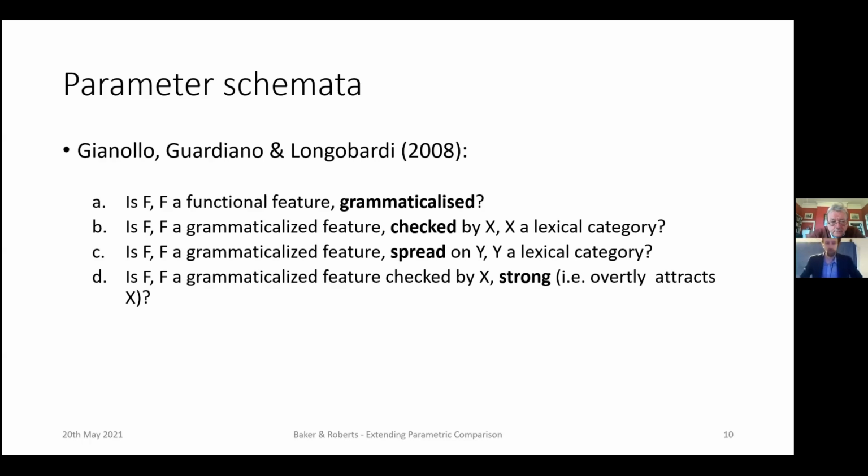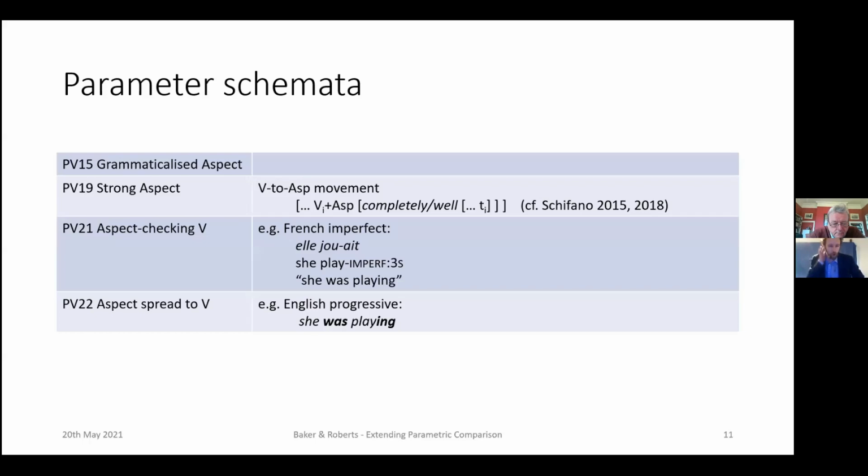And referring to properties like grammaticalization, here understood in a synchronic sense of whether or not a feature is present in the language, checking, spreading, which we'll see examples of on the next slide, and strength, essentially whether a particular feature is a movement trigger or not. So many of the nominal parameters are constructed along these lines, and therefore in order to produce a broad set of loose parallels with those, we have constructed many of our parameters according to the same schemata.